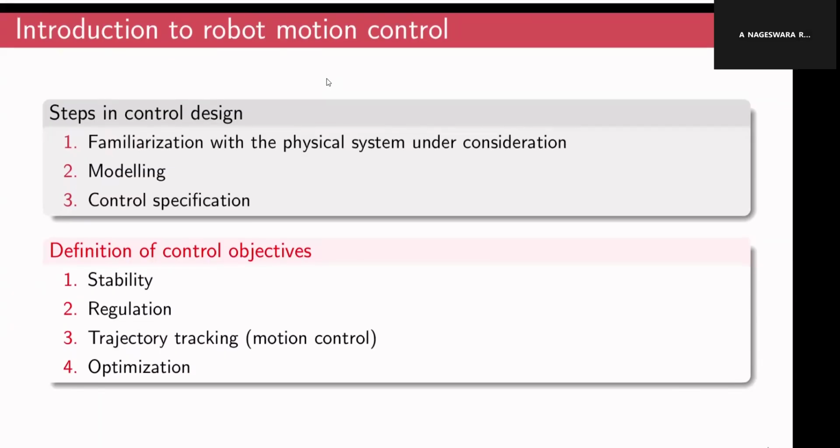Then let's see what the steps in control design are. The first one would be familiarization with the physical system under consideration. So the first thing for a motion controller is to model the system as accurately as possible to the real system that we are studying.